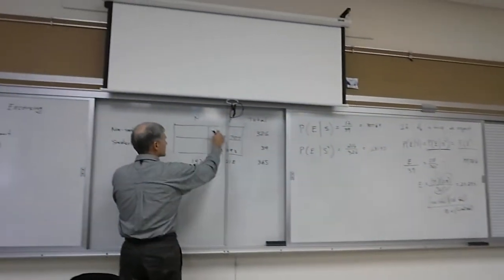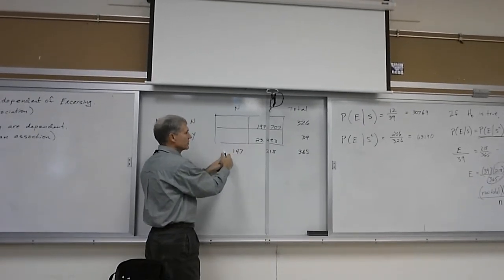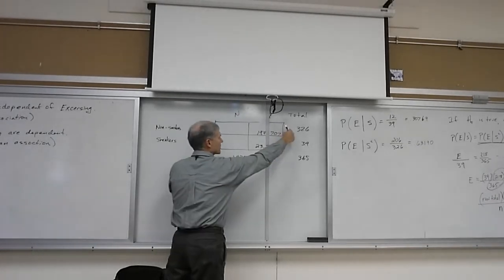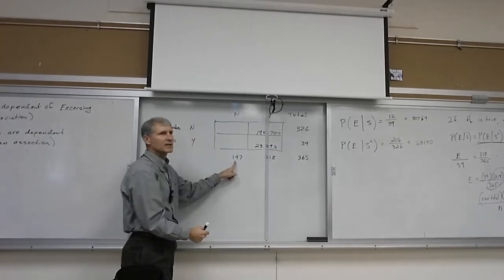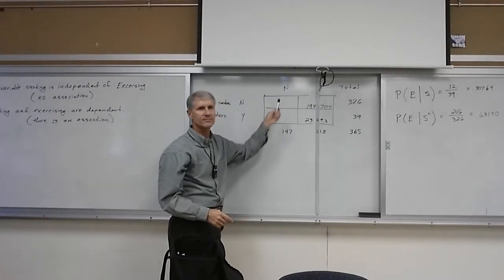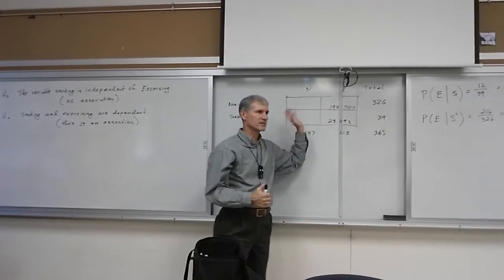So no matter which cell in the table you want the expected value of, you just take the column total times the row total, divide by the grand total, and you get that number. So do this one that way. Now we already said you could get it by subtraction, and that's fine.